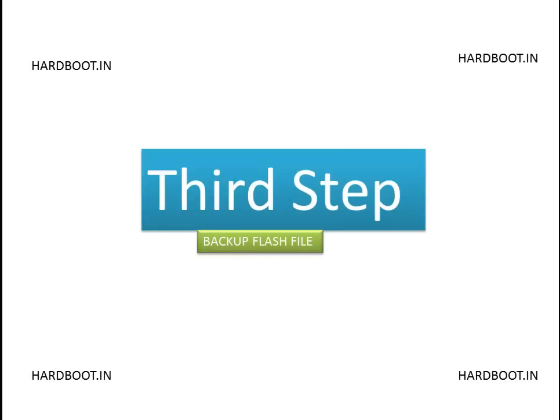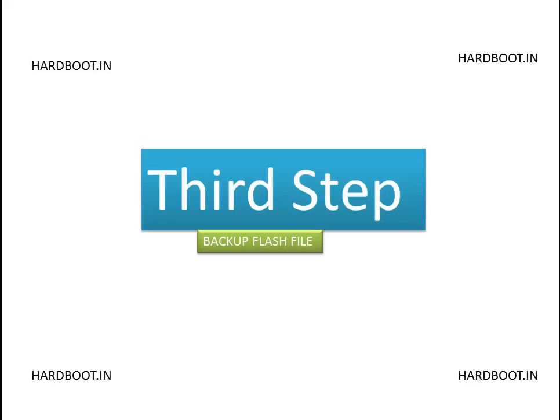Now the third step is, after you have checked whether your phone is giving an error in SP Flash Tool with the download button while downloading, then you can go for the most important and most widely used step, a backup of your flash file with tools.